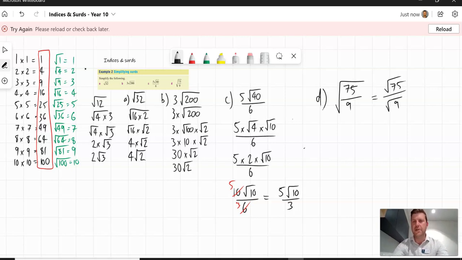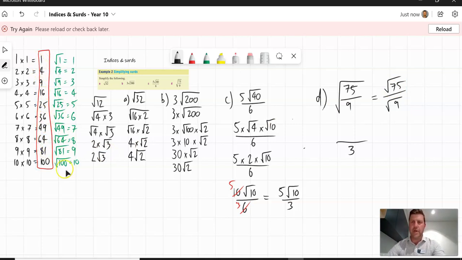Now, the square root of 9 is just 3, so I can write that value 3 as my denominator. What I want to try and do now is to simplify this numerator, the square root of 75, using a square factor from this list of square numbers.